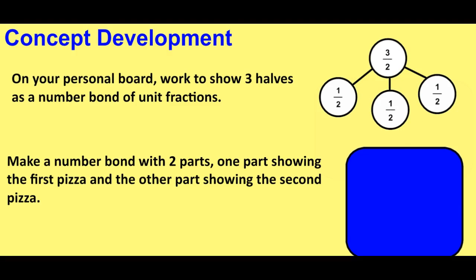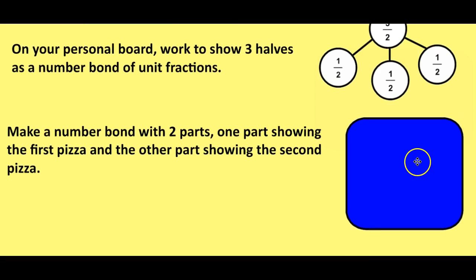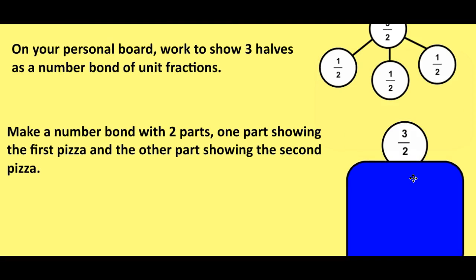Now we're going to take the number bond and we're going to make it have 2 different parts instead of 3. One part is going to show how much of the first pizza that I ate, and the other part of the number bond is going to show how much of the second pizza that I ate. So just like the ones that we just did, the top of your number bond should have 3/2, and this time your number bond is going to have 2 parts.